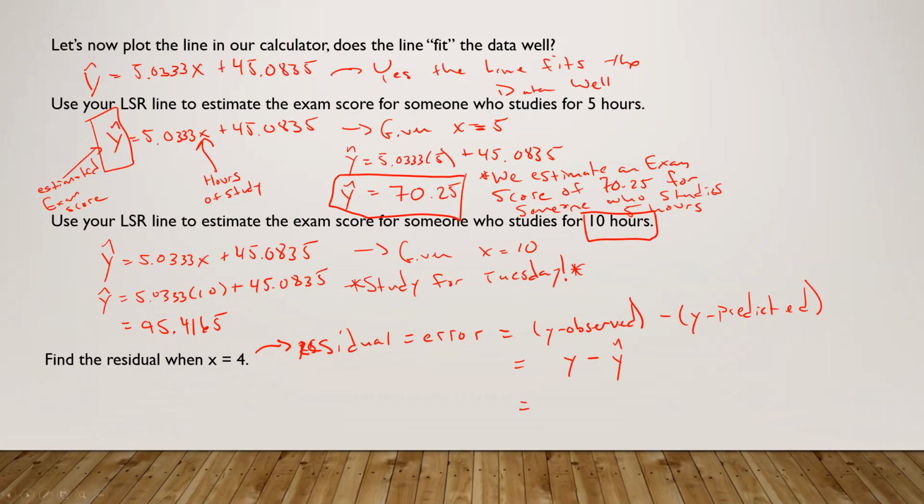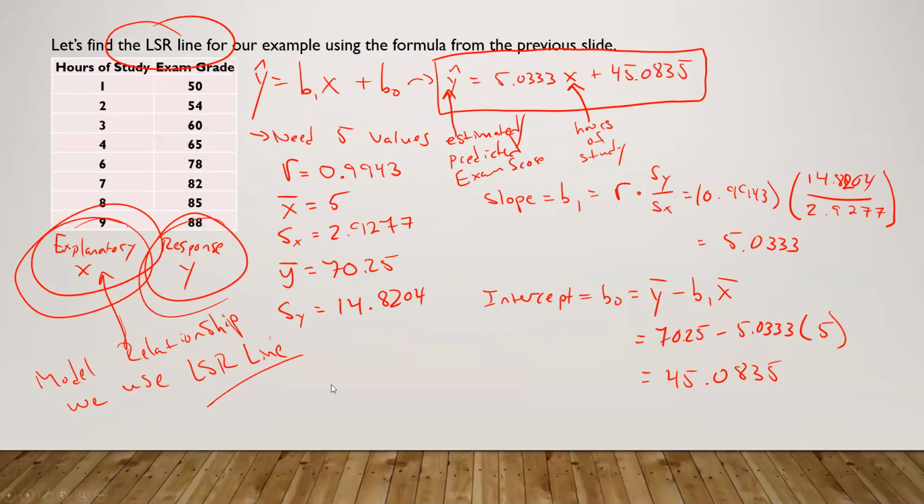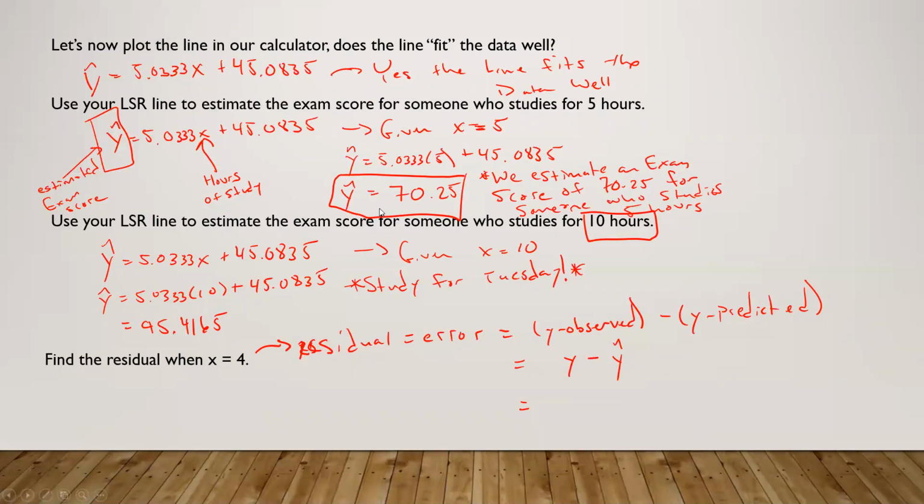How do I find the actual y value when x is equal to 4? I would go back to my table of data. For somebody who studies for 4 hours, what exam score do they get? 65. That's my y observed. The y predicted is what the model says the student will get.